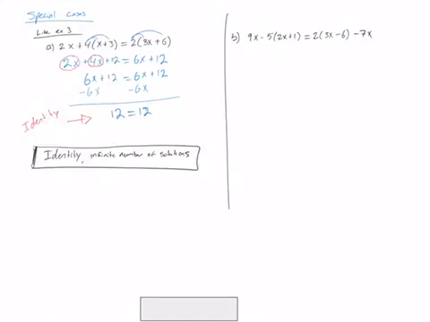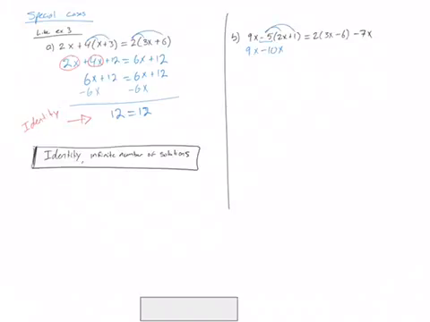Okay? Now, let's try another special case that again we wouldn't know it's a special case except for I just told you it is. So just pretend like I didn't tell you and just go through solving like you would normally. So this 9x right here, 9x. Then I have this negative 5 that I'm going to multiply in here. So negative 5 times 2x is going to give me negative 10x.